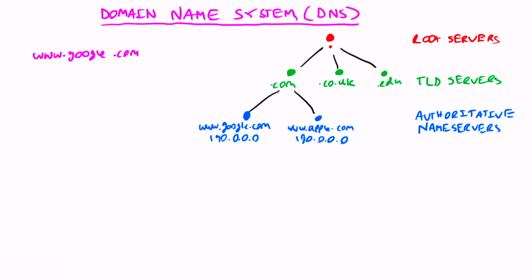So this is where DNS helps us, because we can give our domain name to our DNS and it will give us the IP address.